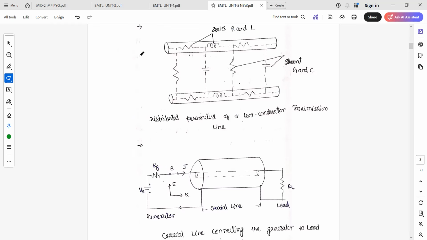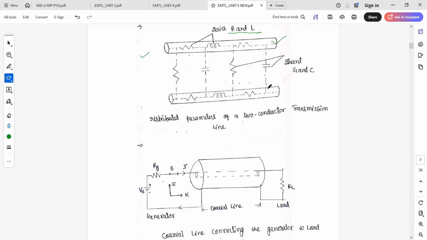Here you need to draw this diagram where a two wire transmission line is drawn, and inside the wire we have a series connection of R and L, where R is the resistance per meter and L is the inductance per meter. In between the two wires we have another two parameters connected in parallel.